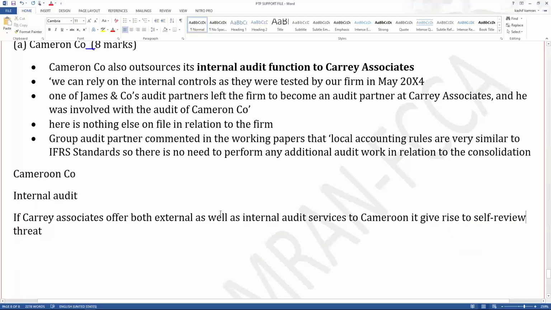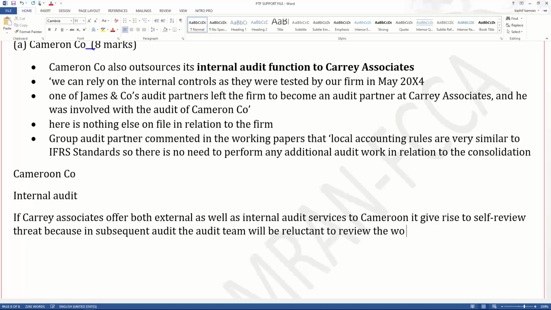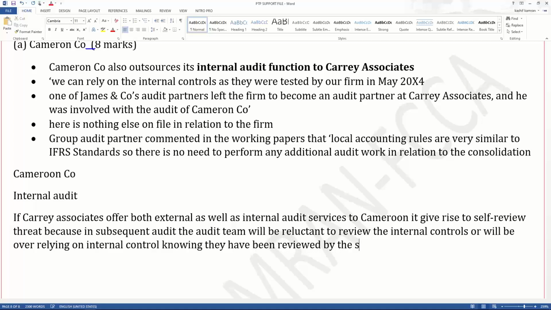If Kerry Associates offer both external as well as internal audit service to Cameroon, it gives rise to self-review threat because in subsequent audits, the audit team will be reluctant to review the internal controls, or will be over relying on internal controls, knowing they have been reviewed by the same firm.